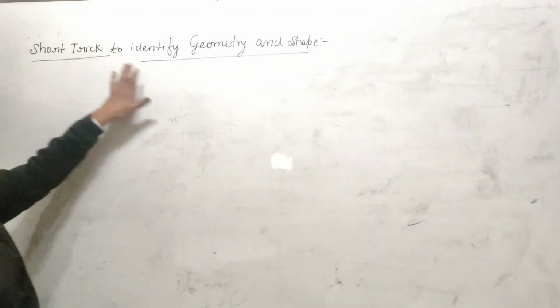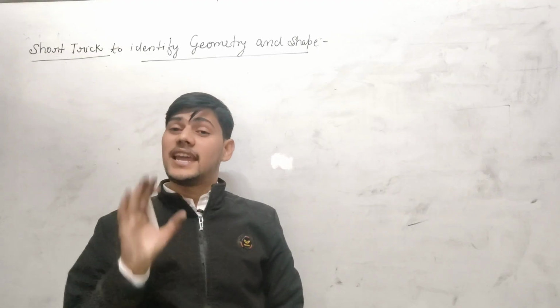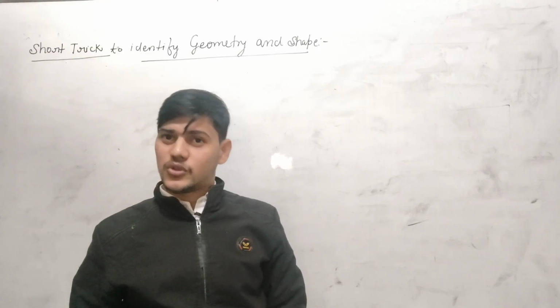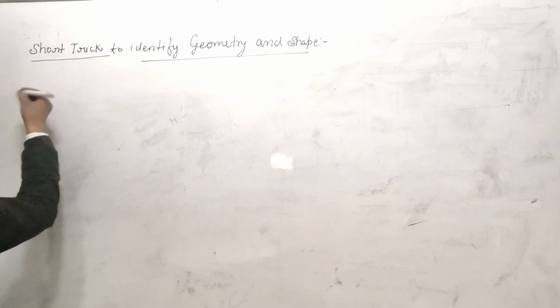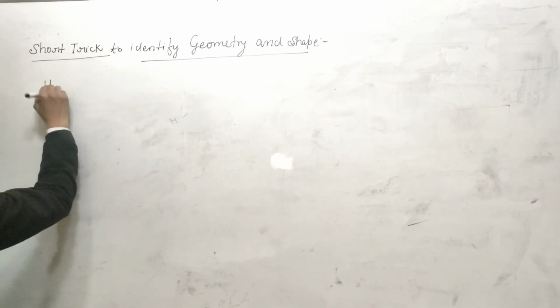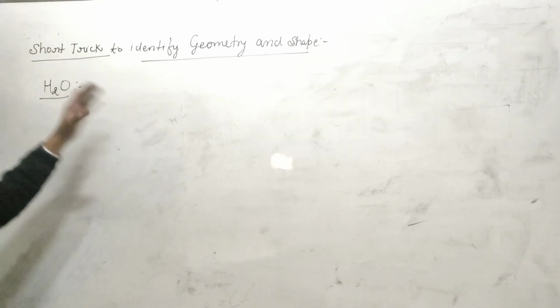Now the short trick to identify geometry and shape, because in the exam there is a lack of time, so we will discuss a short trick. For example, if the molecule H2O is given, what will be the geometry and what will be the shape of the H2O molecule?